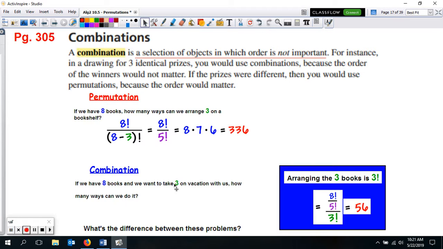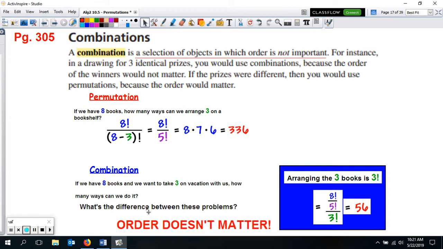The arrangement is the 3 factorial. So we're going to take that answer, 336, divide it by 3 factorial. That gives us 56. Notice the combination number is much smaller than the permutation number, which will always be the case. And here it says, what's the difference between these problems? Well, order doesn't matter. And that's what you want to make sure you write down for combination. Permutation, order does, and combination, the order doesn't matter.